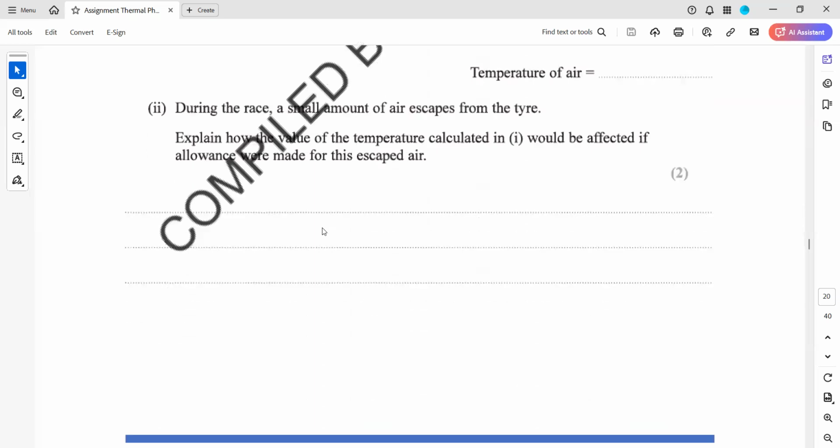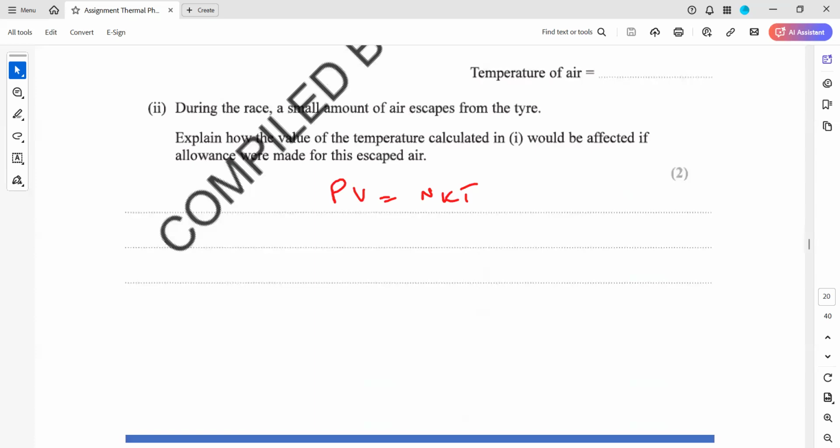During a race, a small amount of air escapes. Explain how the temperature would be affected if allowance were made for this escaped air. So PV equals NkT. Now, how is the temperature related?